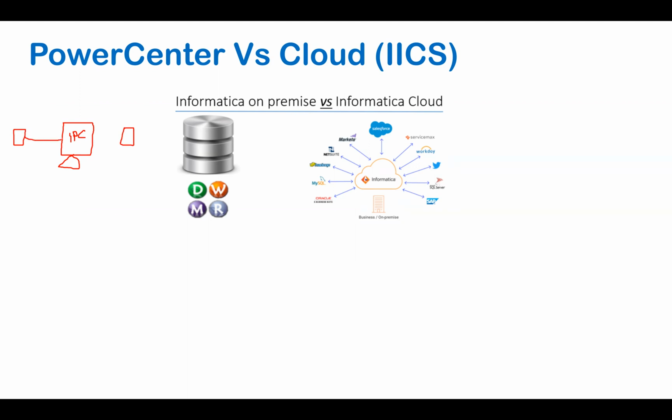So if an organization has Oracle as the source system, they will have an Oracle database. If the target is Teradata, they will have a Teradata database server to store the data. Then Informatica will be used on-premises. All of this will be maintained by the particular company itself. That's what an on-premises server is.